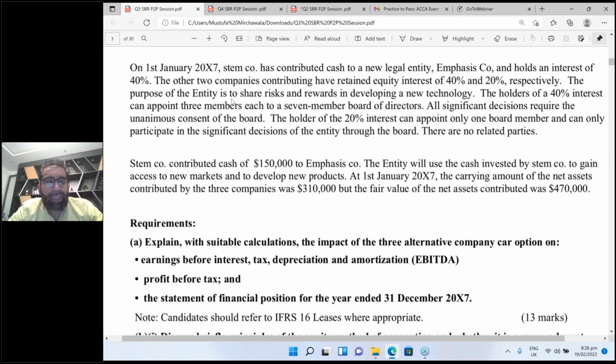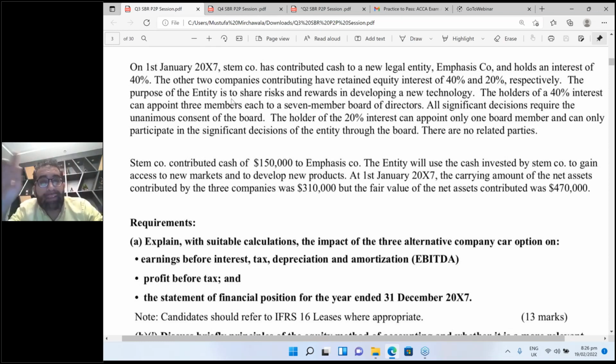So you need to explain, plus calculation, of three things: EBITDA, profit before tax, and the statement of financial position year-end numbers. Statement of financial position is always as at.